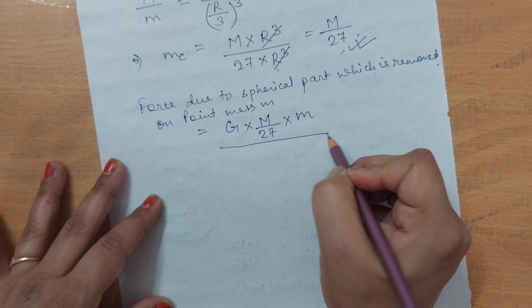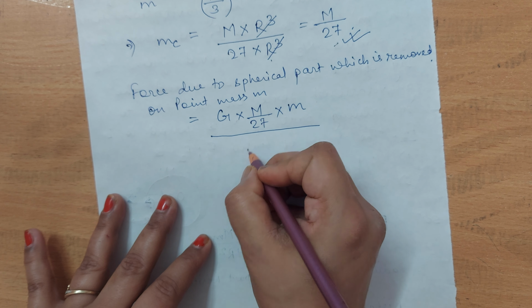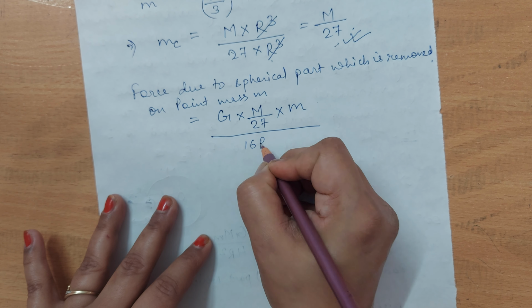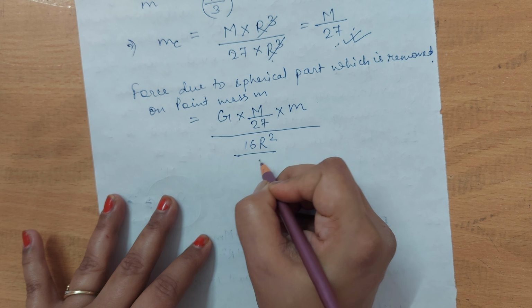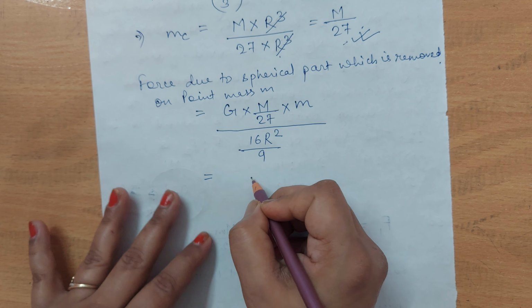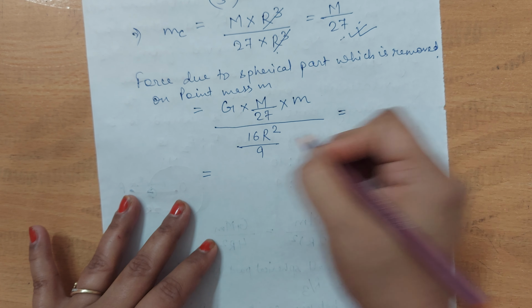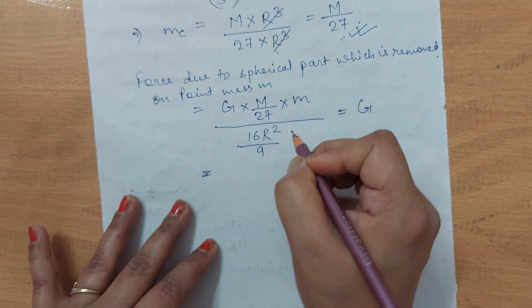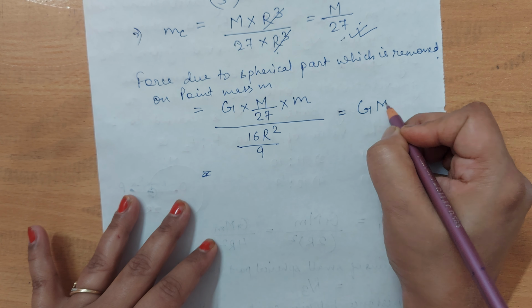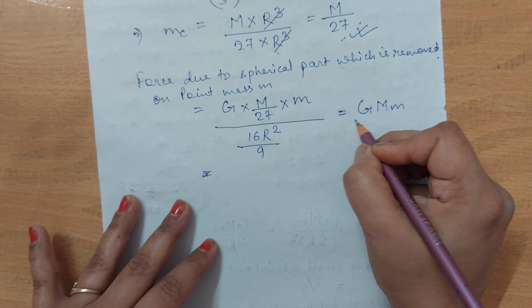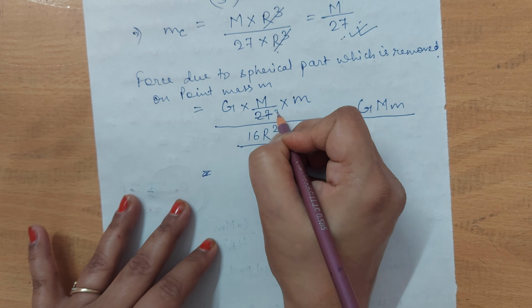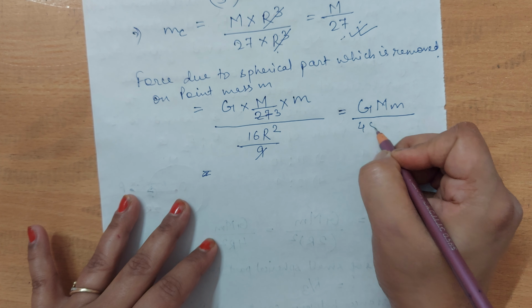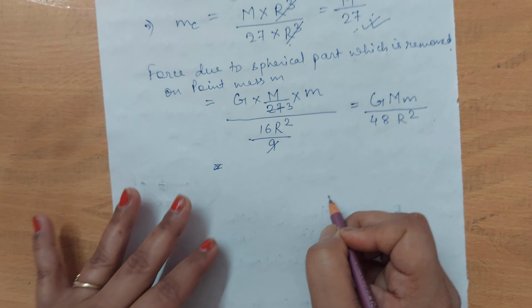So it will be equal to 16 r square by 9. So finally it will be equal to G M m divided by, these will get cut, 48 r square.